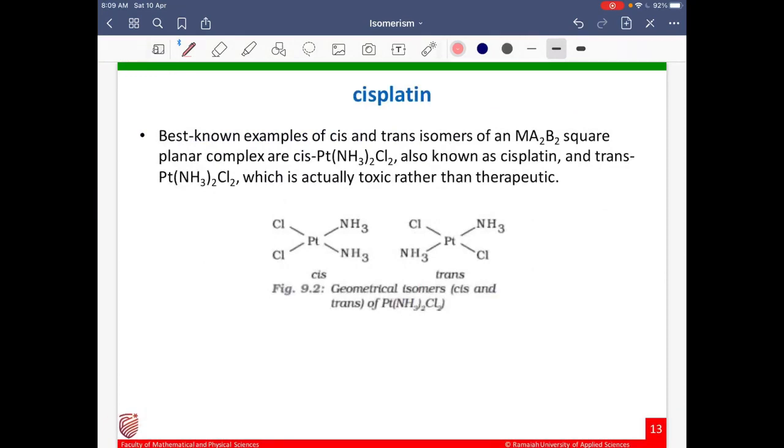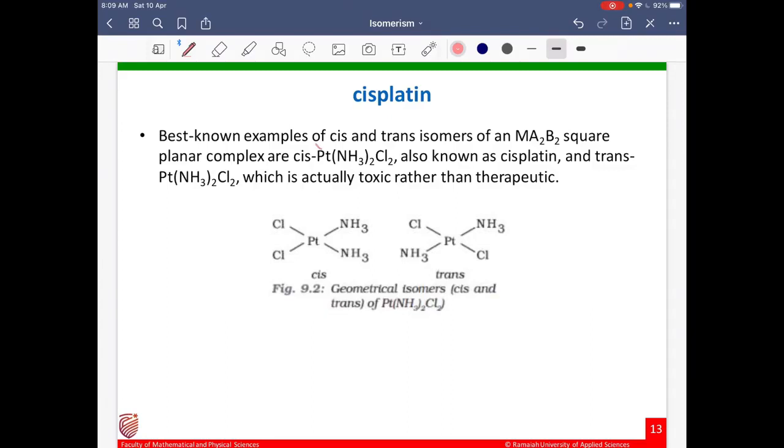One of the best known examples for cis and trans isomers of an Ma2B2 square planar complex is cisplatin. Formula is cis-platinum, NH3 twice and Cl2. It's also called cisplatin. And transplatin, platinum NH3 twice Cl2, which is actually toxic rather than therapeutic.